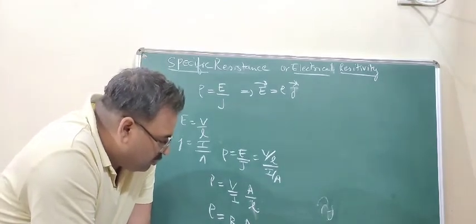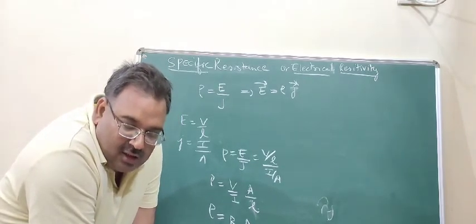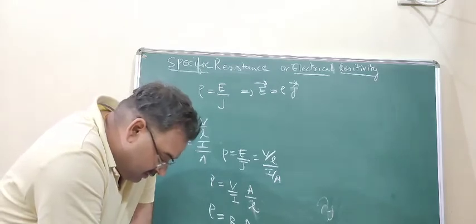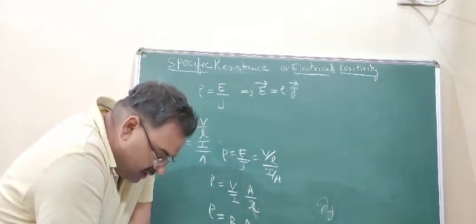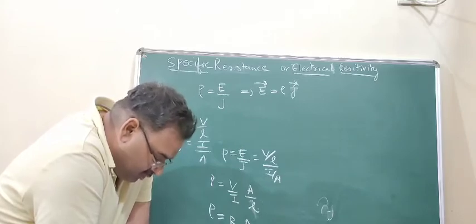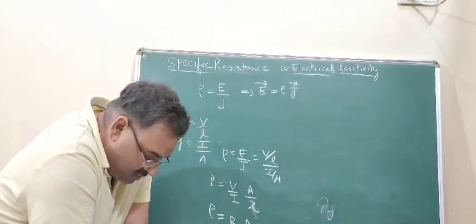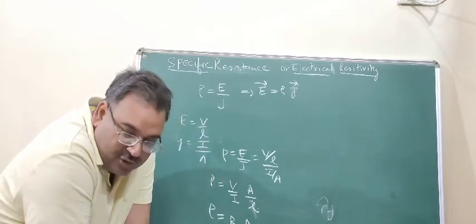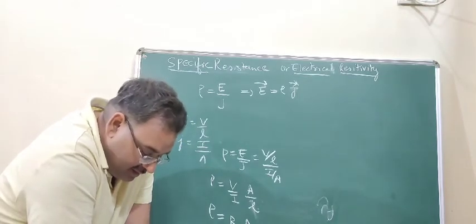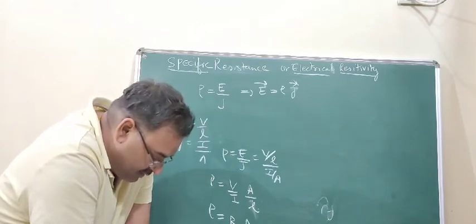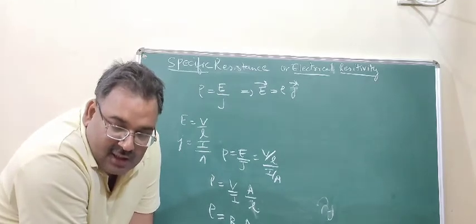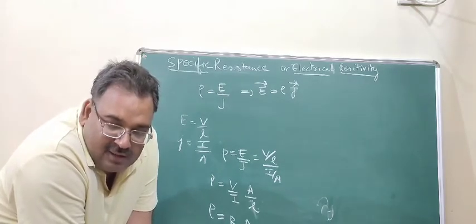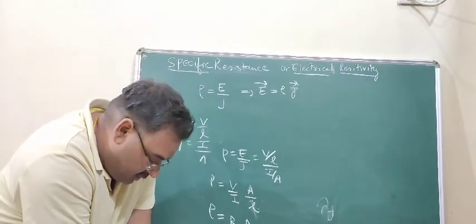Specific resistance is equal to R into A upon L. This equation applies to a homogeneous isotropic conductor of uniform cross-sectional area subject to a uniform electric field. What is important? The area of the wire should be constant and the electric field applied across the ends of the conductor should be constant.